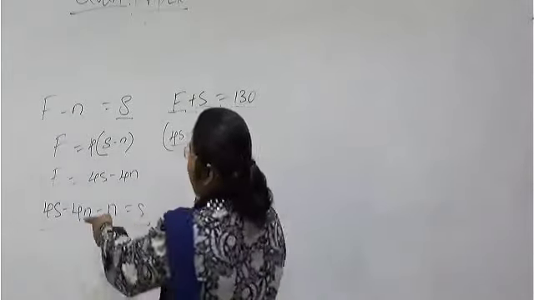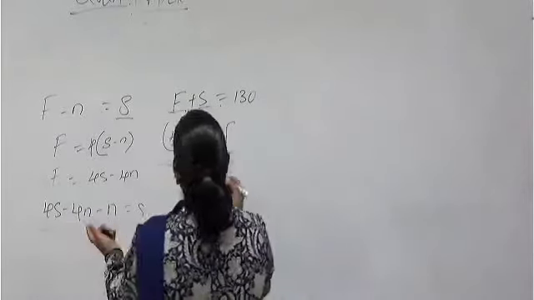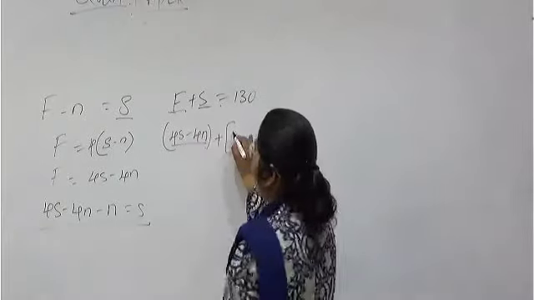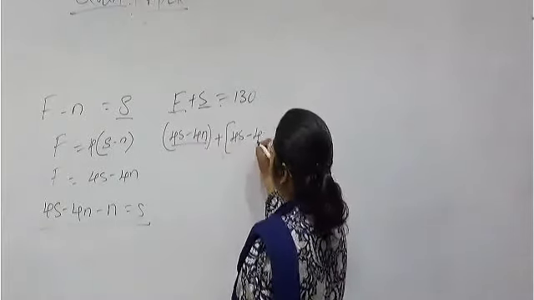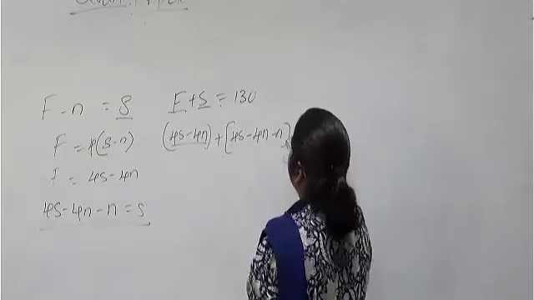Plus, what is S value in terms of n? Or in terms of S and n? What is that? F plus S is 4S minus 4n plus 4S minus 4n minus n is equal to 130. Now you do it.